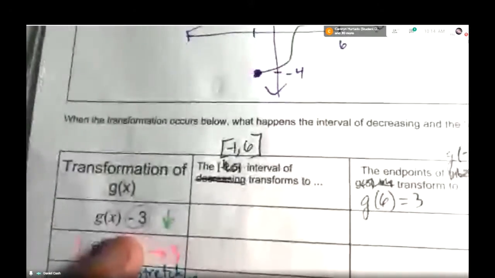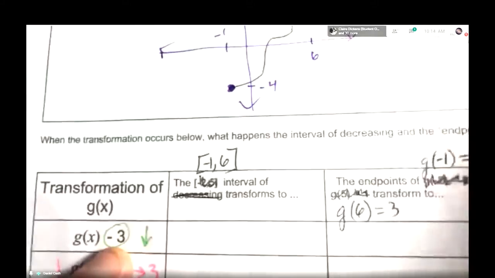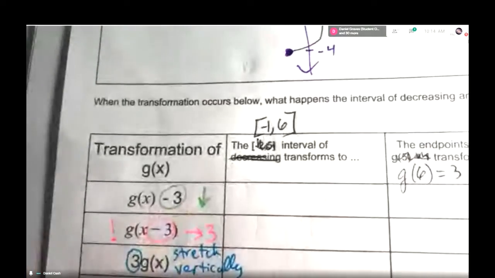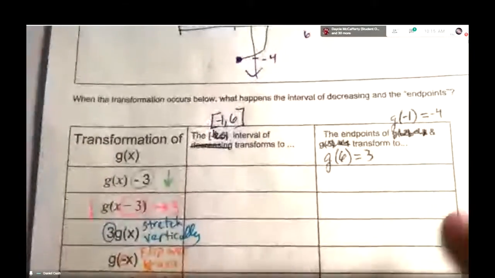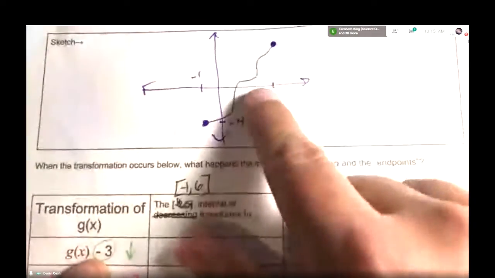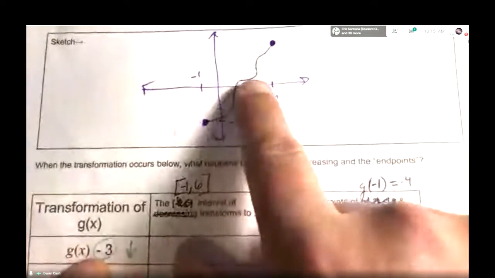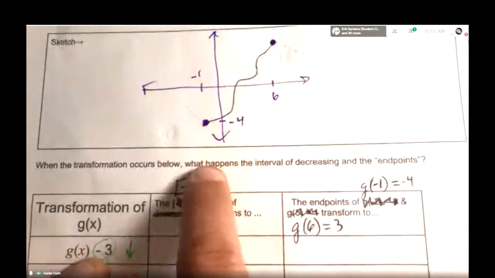So let's go back to g of x minus 3. Let's talk about what happens to this function. If this thing takes the elevator down 3 units, this point is going to move down 3 units.